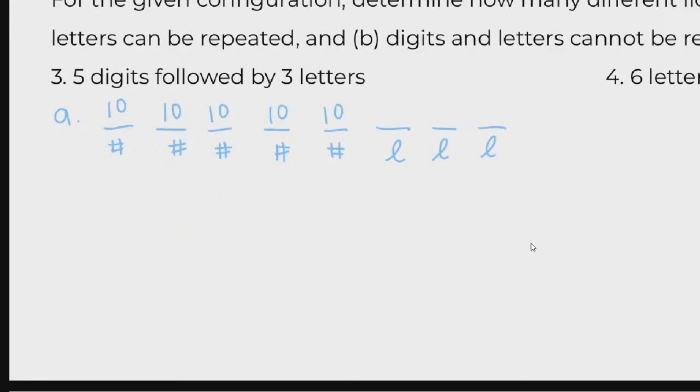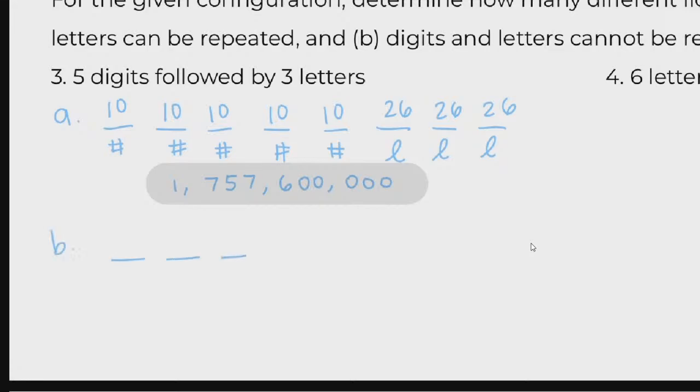Then for the letters, there are 26 letters in the alphabet, so we have 26 choices for each letter. And if we multiply this, we'll get 1,757,600,000. And that's the number of different combinations if we're allowed to repeat numbers and letters.